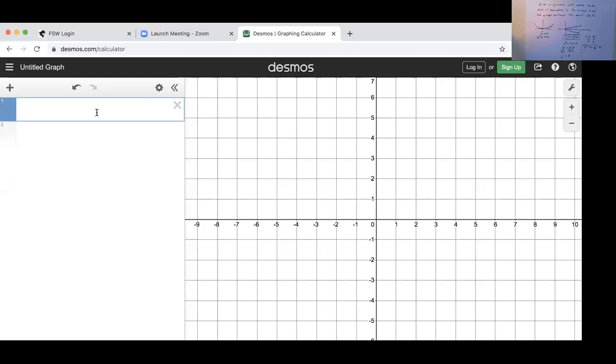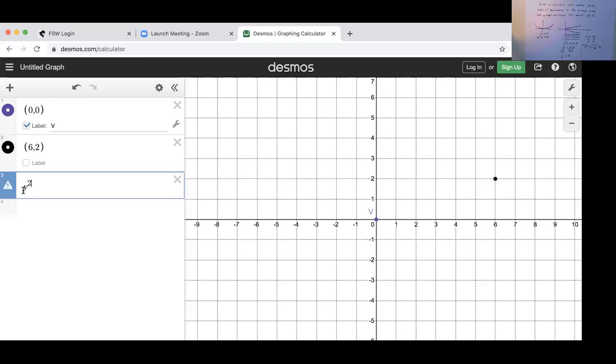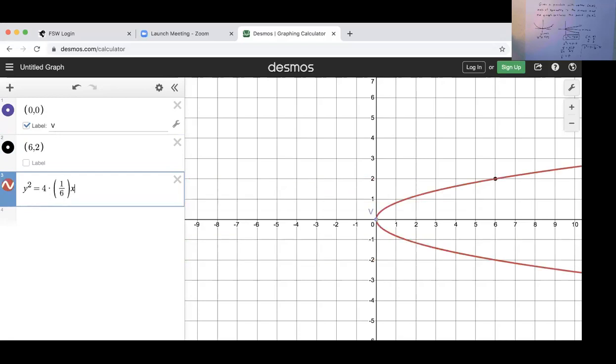I have my vertex, which is 0, 0, and I have my point, which is 6, 2. I believe y squared equals 4 times 1/6 times x should go through that point. And sure enough, it does. That makes me feel pretty good.